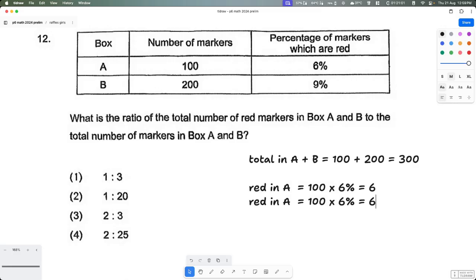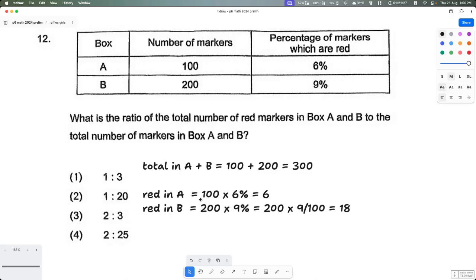So red markers in B is 200 times 9%. So that means this is basically 18, which is 200 times 9 out of 100, which is 18.